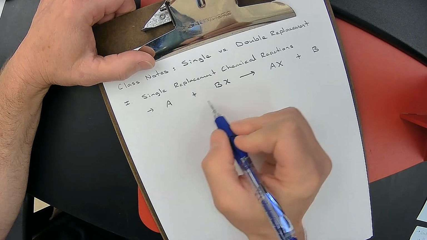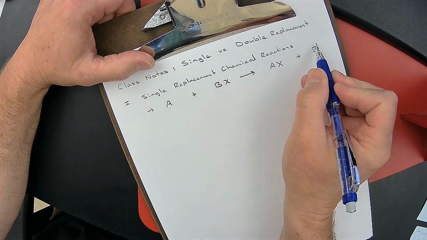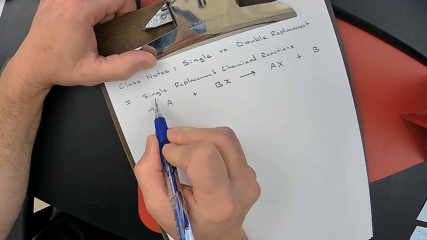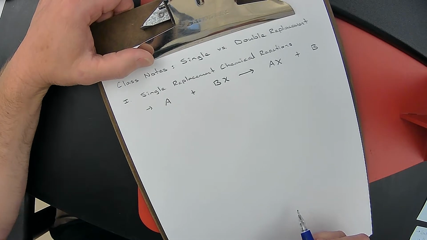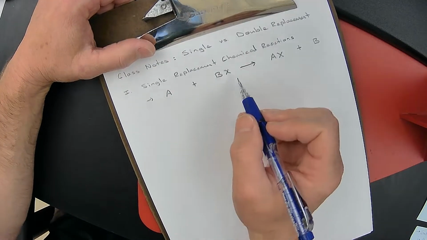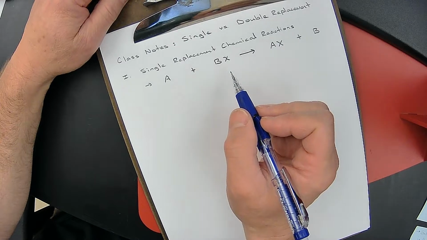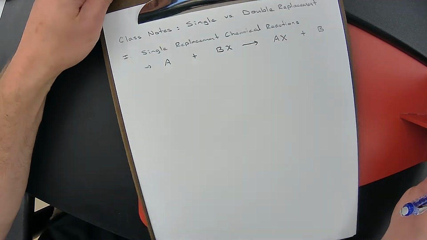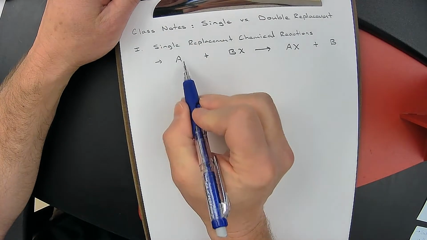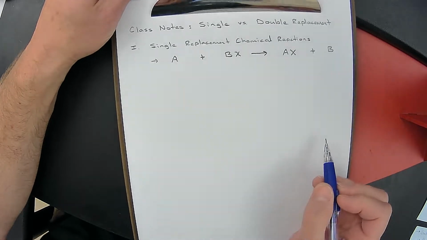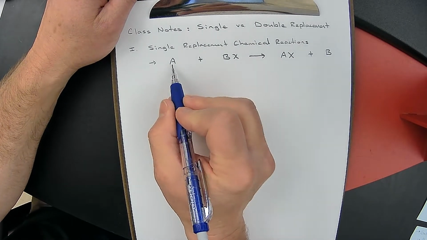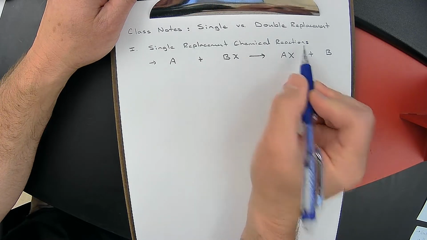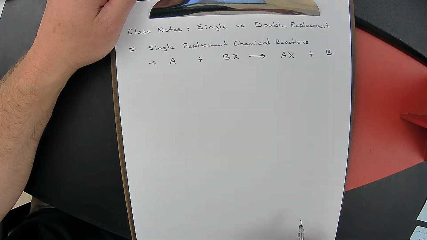So A will come in and replace B. That's why it's called a single replacement reaction. For this to happen, the question that we have to ask ourselves is, is A going to replace B? And how do we know if A is going to replace B?